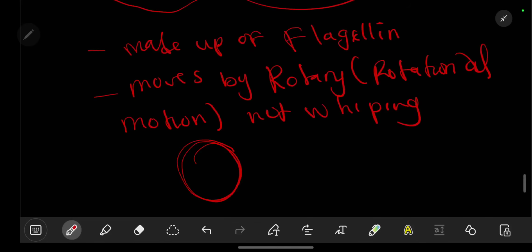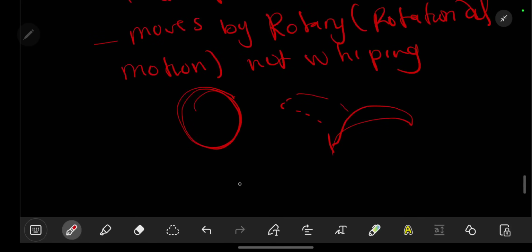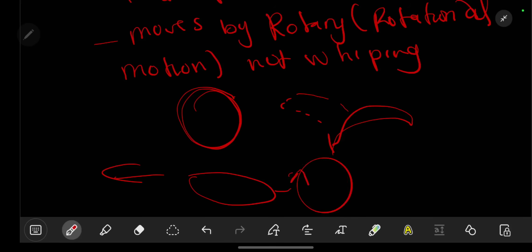It's more like it makes a circle, and it does not wipe, going this side, then this other side, like that. No, it rotates, forming more like a circle. If it is going, let's say, this direction, then the tail shall rotate in this direction. So it shall make a circle like that. That is what we mean by rotations.